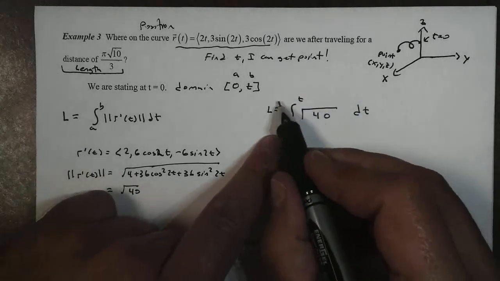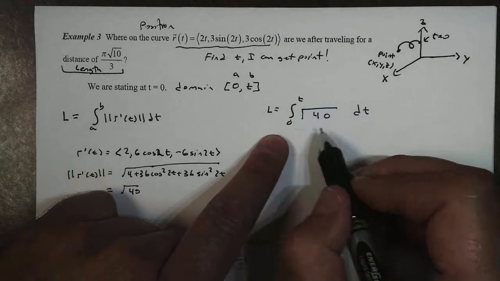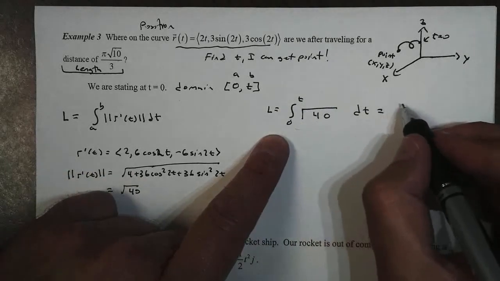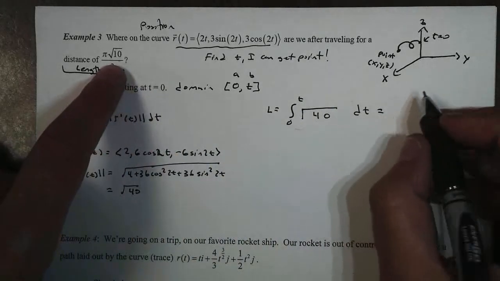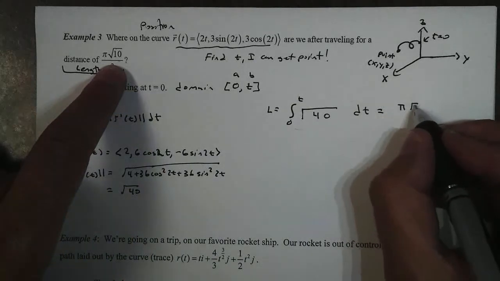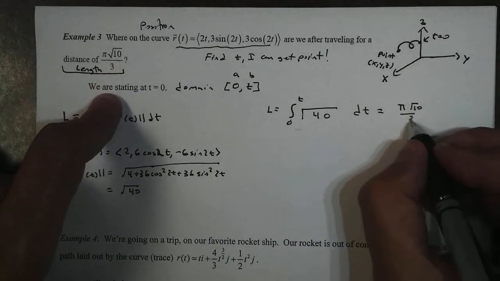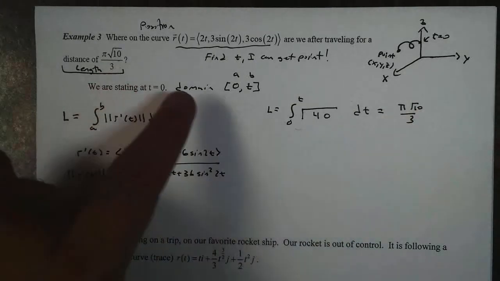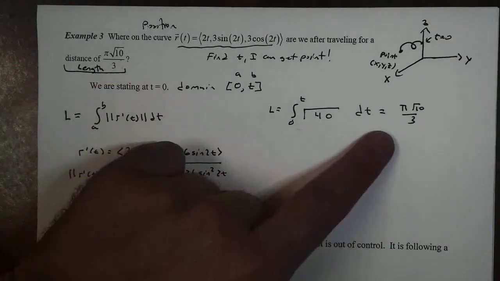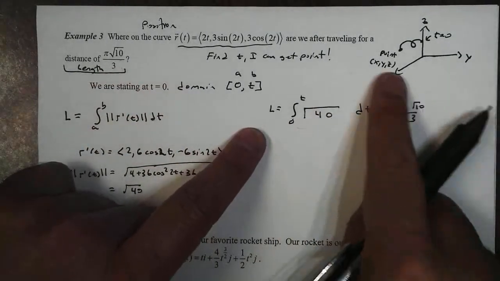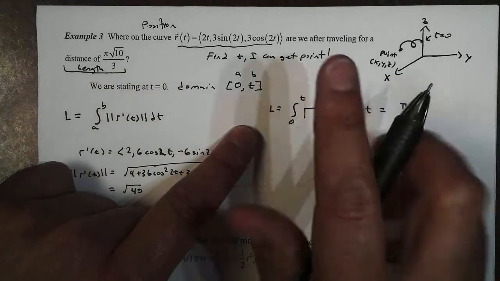Now, that finds my length. But I already know how far that length is, that distance traveled. That's that pi root 10 over 3. They told us that. So now all I have to do is solve our equation.